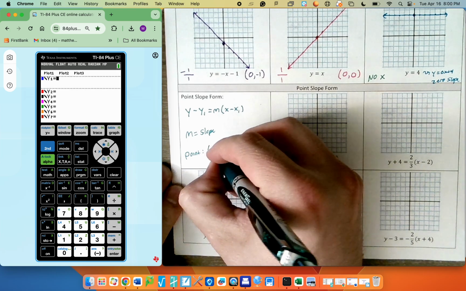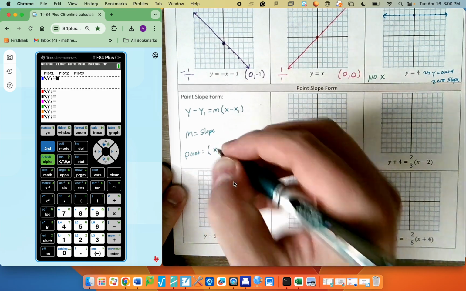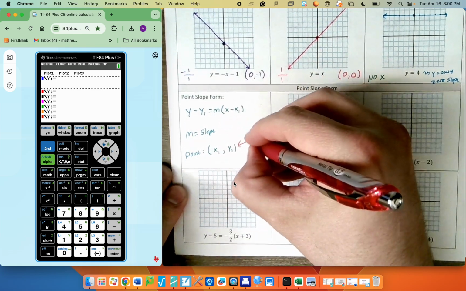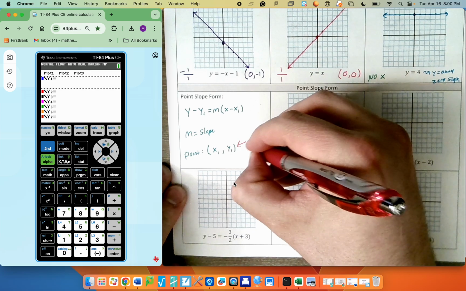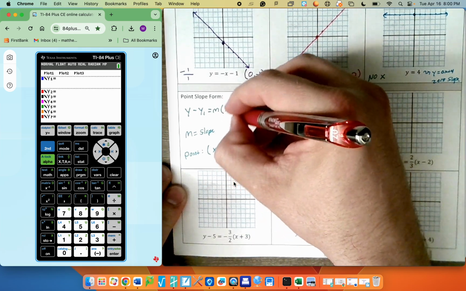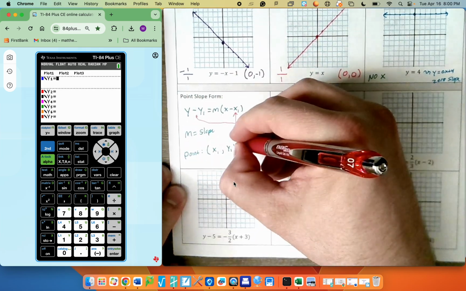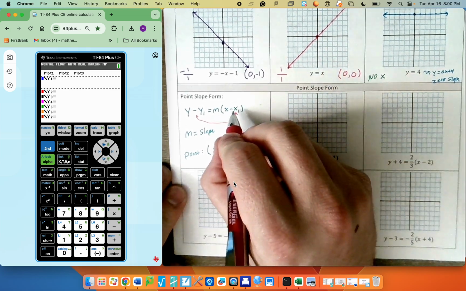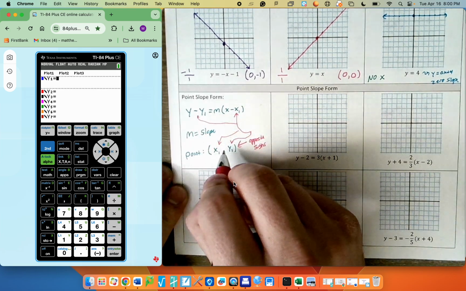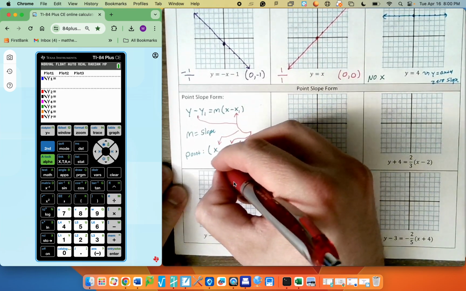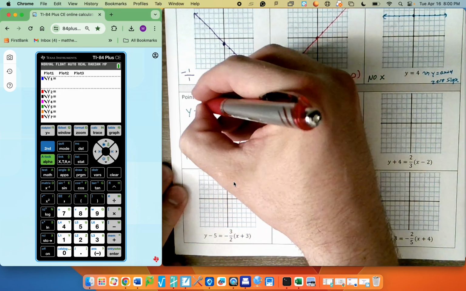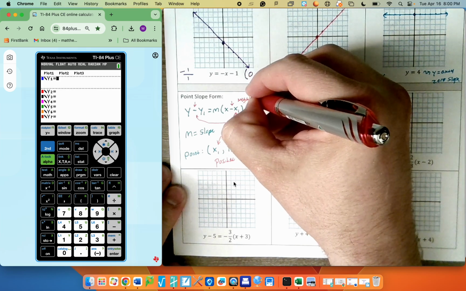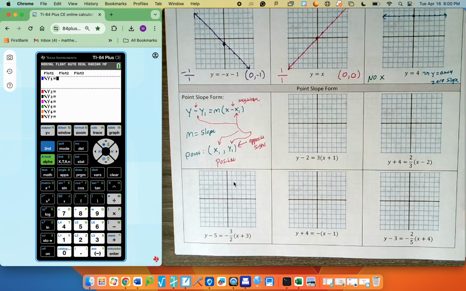That point is x1, y1, but the thing to remember about it is that they are opposite signs. Up here, they're very clearly negative. Down here, they're clearly positive. So we want to take that negative point.